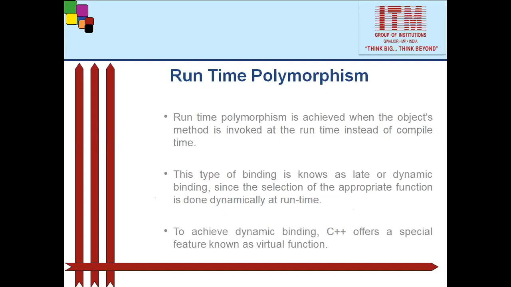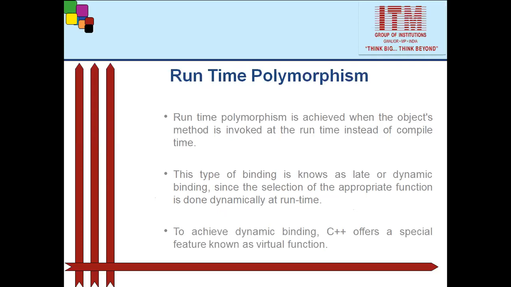So runtime polymorphism, as the name suggests, is achieved when the object's method is invoked at runtime instead of compile time. Like we have studied in compile time polymorphism, the compiler was able to decide which function it has to execute at compile time.